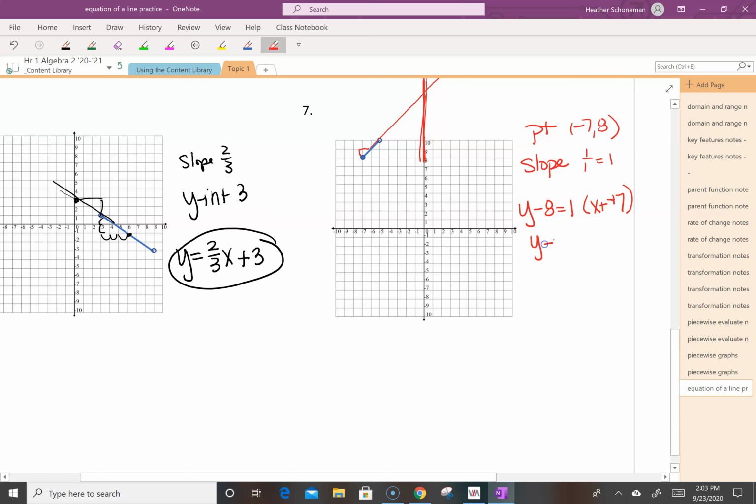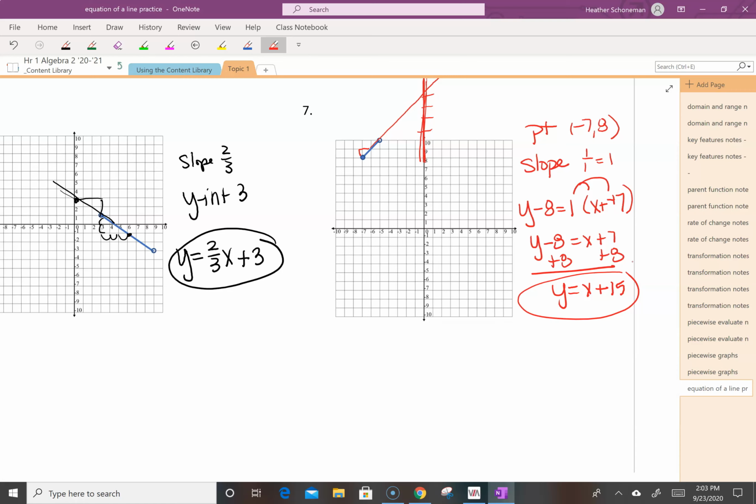When I distribute, multiplying by 1, I just get x plus 7, add 8, so I get y equals x plus 15. We probably could have figured it out by counting, but sometimes it's confusing and we don't know. So this is our backup plan when we can't read it. But now that we've practiced it a lot, if you have to use your backup plan, it won't be that hard.